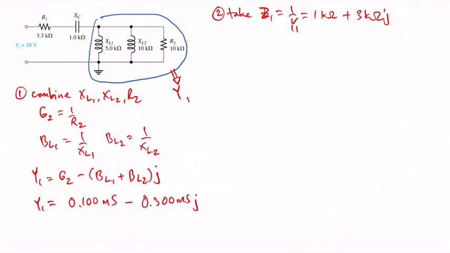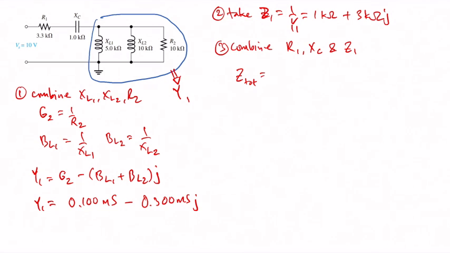Now that we've done that, we can then combine that with R1 and XC. So combine R1, XC, and Z1. This will give us our total impedance, the equivalent impedance.